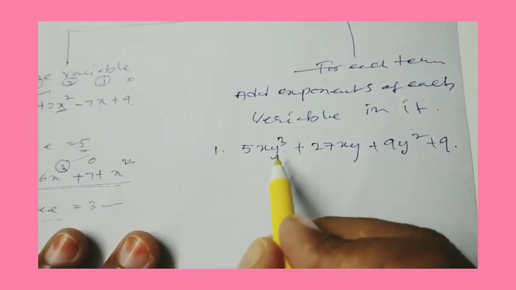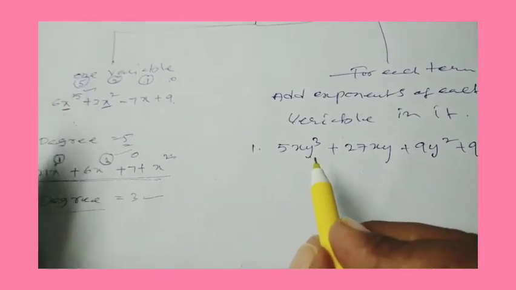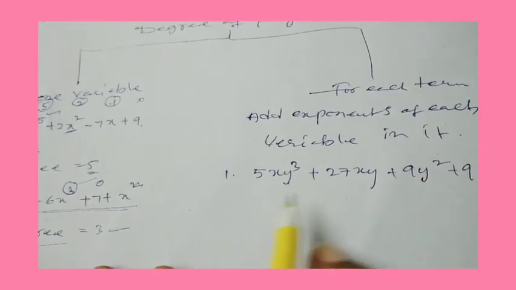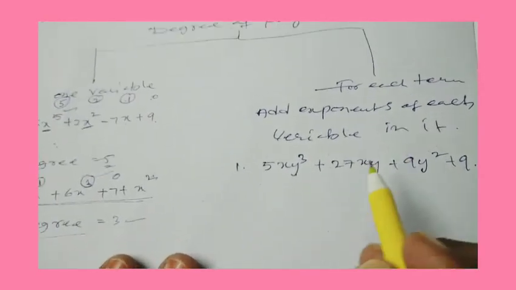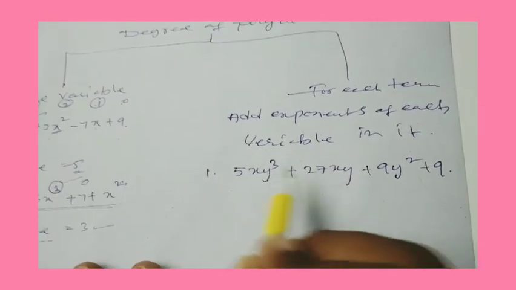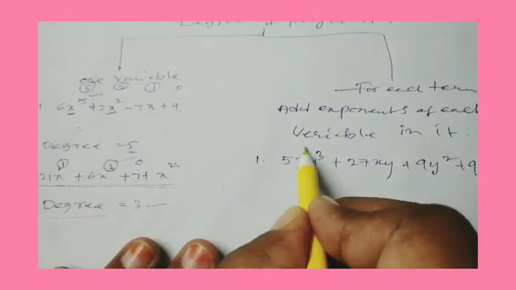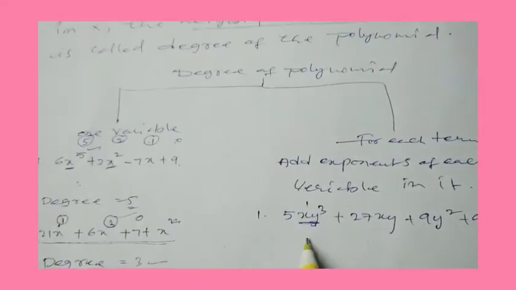Here we are seeing two variables. In the one variable section it is very easy to write, but here two variables are there. To write its degree, you may feel somewhat difficult. Not difficult, just try to understand. So we have to add. In this first term, xy is there. X power not there means 1. Y power 3 is there. 1 plus 3 equals 4.